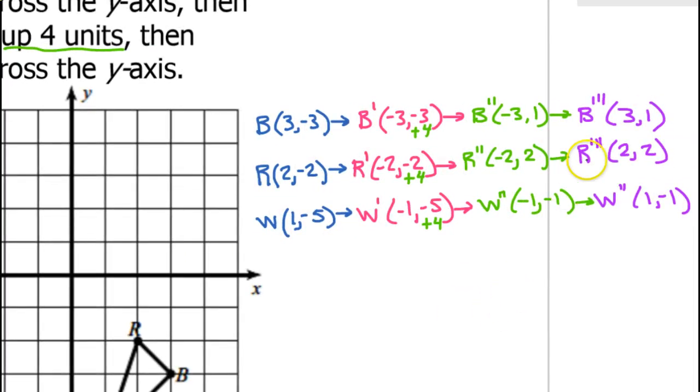So let's see, 3 comma 1. Okay, 2 comma 2. And 1 comma -1.